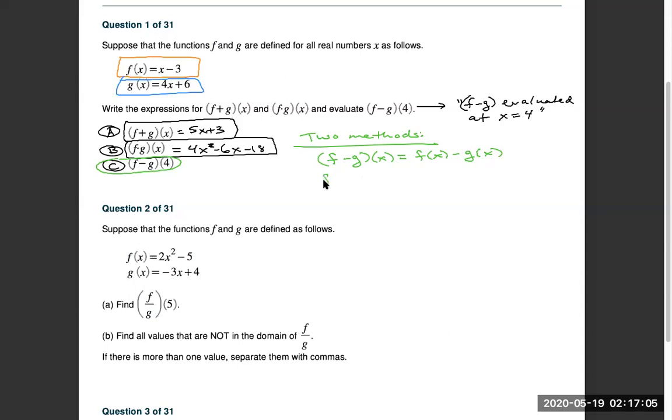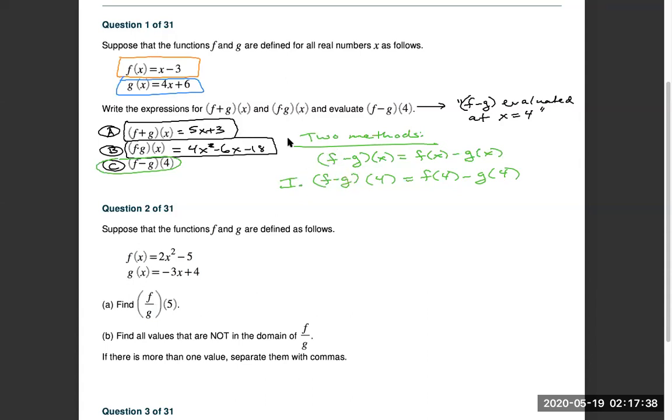Now, if you have a 4 where x is located, you're evaluating f at 4 and subtracting g evaluated at 4. So that's your first method.